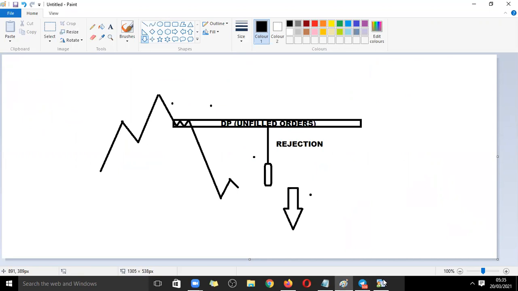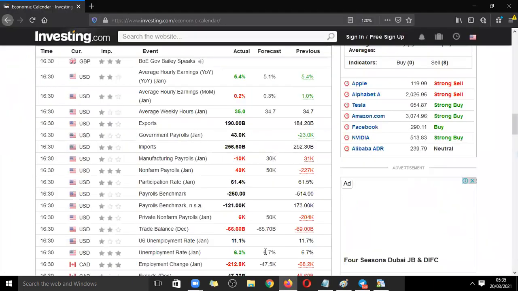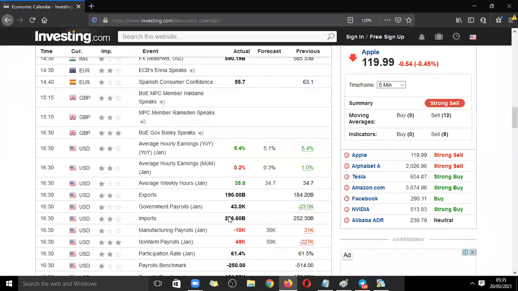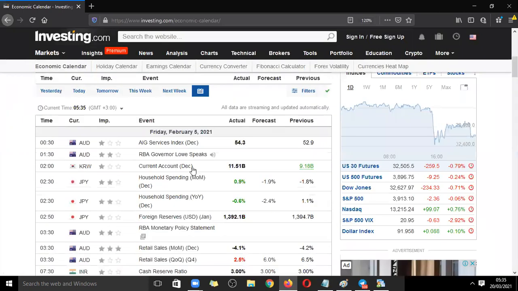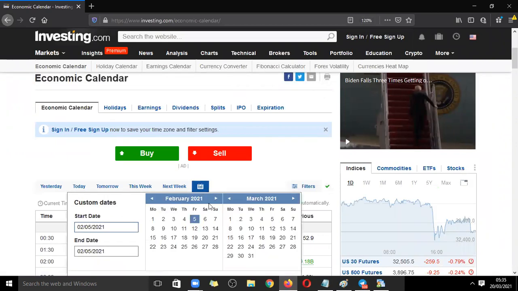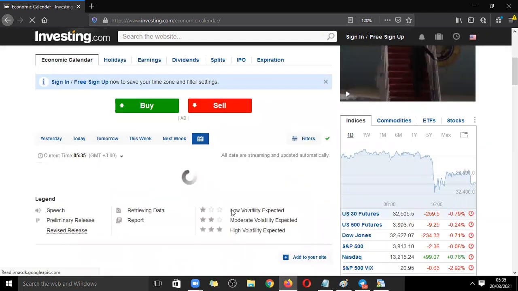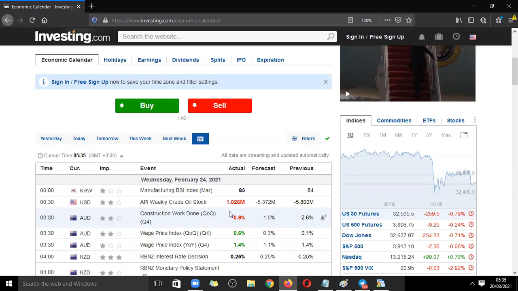So let me just get one final example. And I think it was interest rate of New Zealand. It was on, I think, the 24th of February. Let me just confirm. So on the 24th of February, we had NZD interest rate.